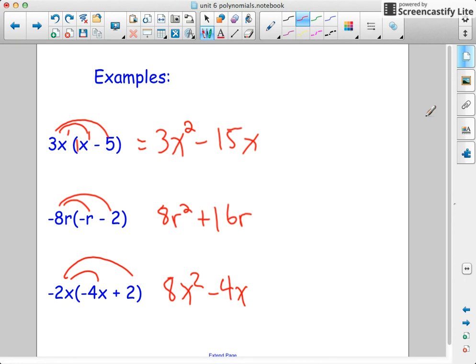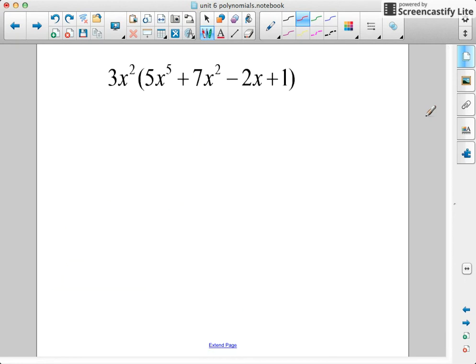So let's get to some trickier examples here. In this case, remember, I'm going to take this 3 and times it by each one of the numbers. I'm going to take my x squared and times it by each one of the variables. So what this ends up giving me is 15x, and since this is a 2, this is a 5, I add the exponents.